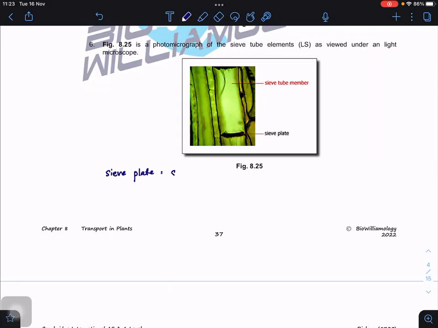The function of the sieve plate is also very important. The sieve plate also provides support for the sieve tube element, to prevent collapse. Are you clear? Xylem is lignified, so there are not many issues, but the sieve tube elements would collapse. The sieve plate is something like a pillar, to make sure that when the sieve tube is under tension, it won't collapse.